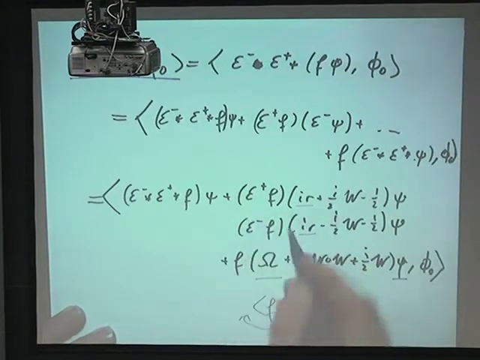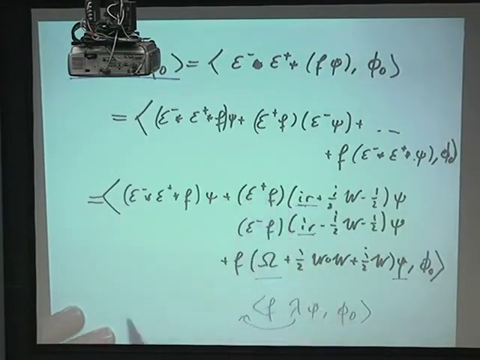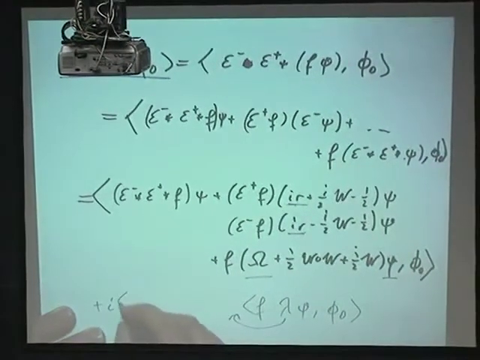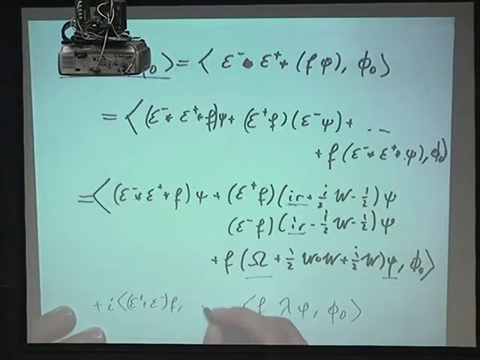And we could combine these two terms, of course, together with what we see here, and write I times E plus plus E minus applied to F psi, inner product phi 0.